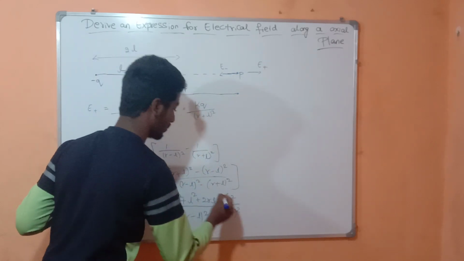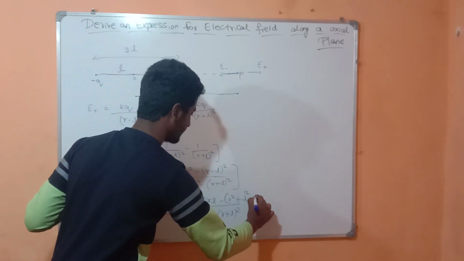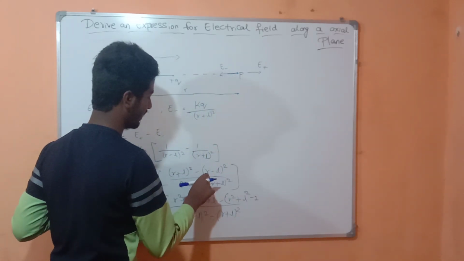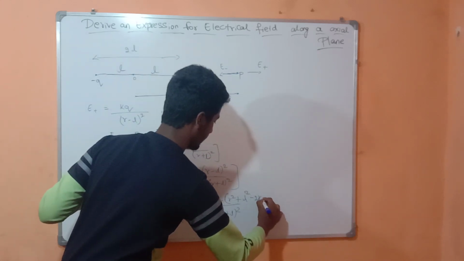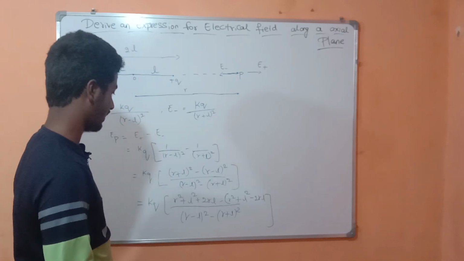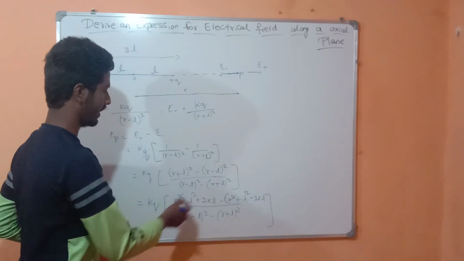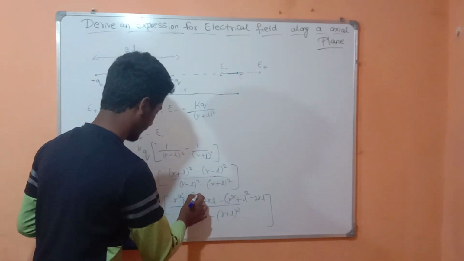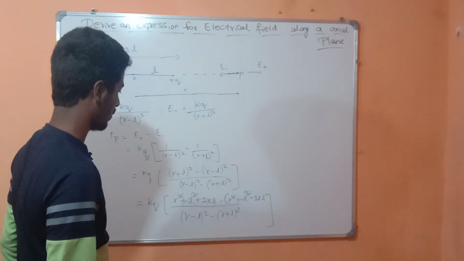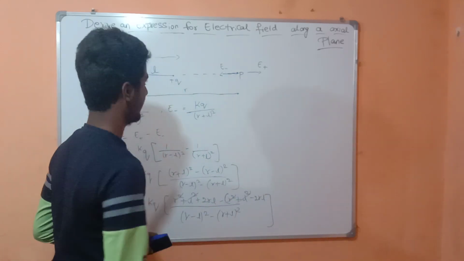A square plus B square minus 2AB: R square plus L square minus 2RL. See children, what will cancel? Plus R square and minus R square cancel, and plus L square and minus L square cancel. What is left? Minus into minus is plus, so 2RL plus 2RL.